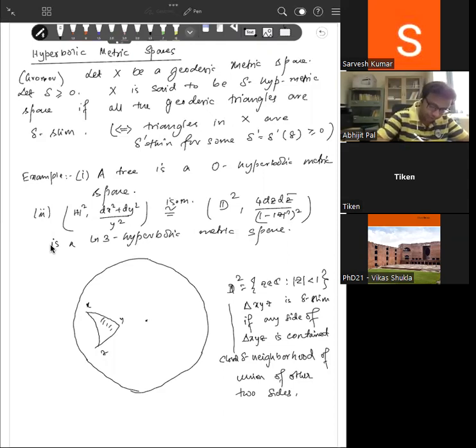Okay. So how are we going to do this? First, you can embed this triangle in a bigger triangle. So you can extend this geodesic, let me first extend all these geodesics.